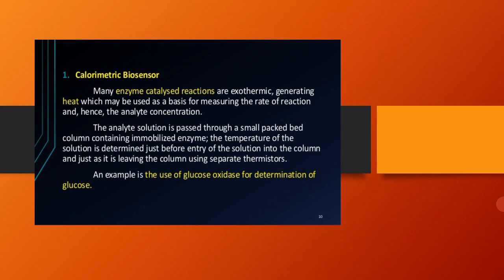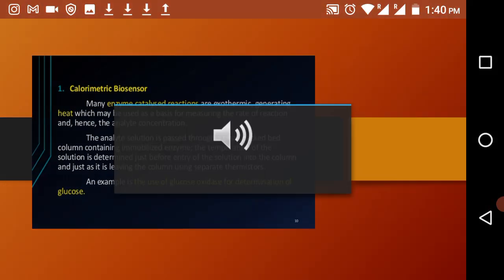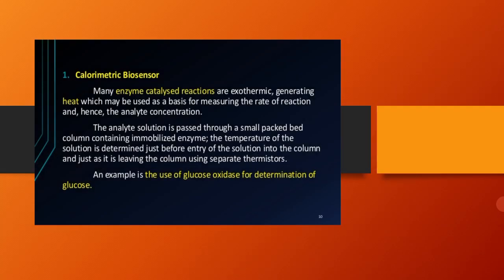An example of the colorimetric biosensor is glucose oxidase for the determination of glucose.